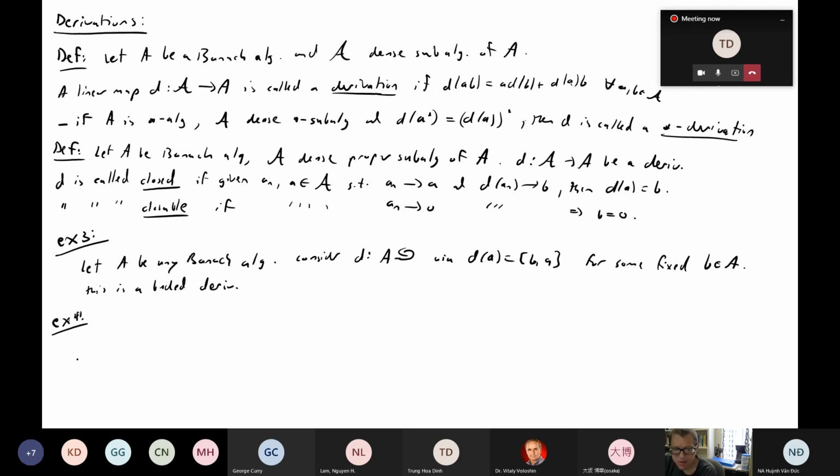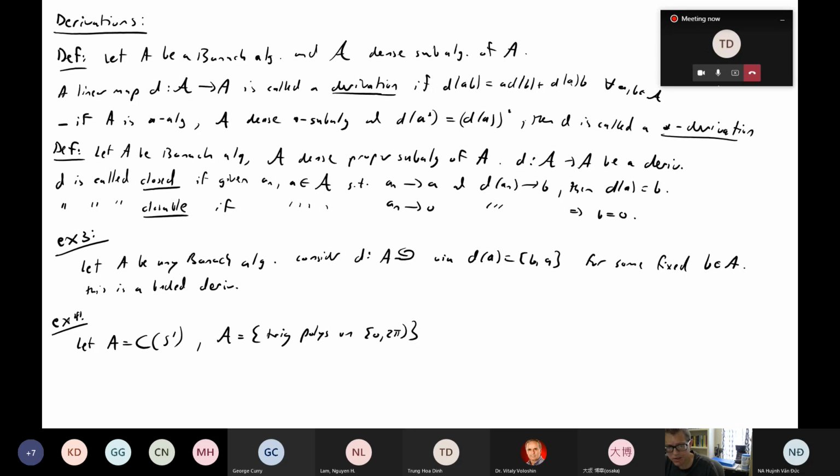Well, my example 4 is I'm going to let A be the continuous functions on the unit circle, and script A is going to be the trig polynomials on 0 to 2 pi. I'll exclude the 2 pi.